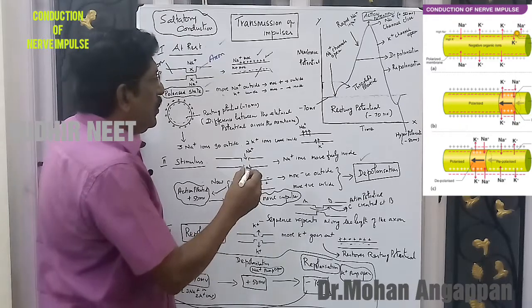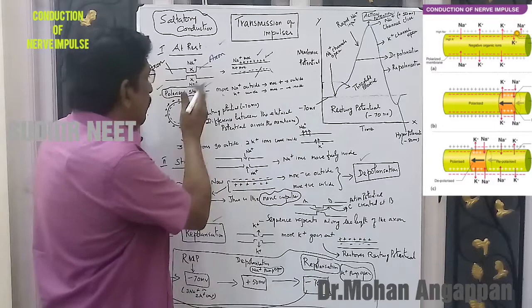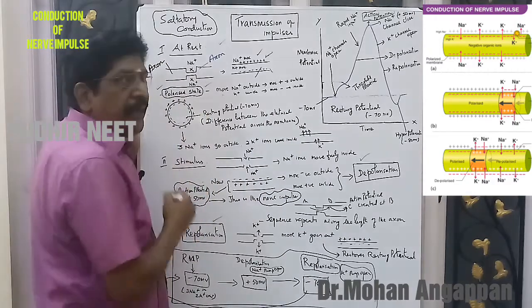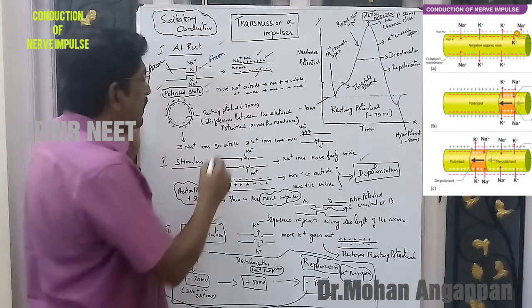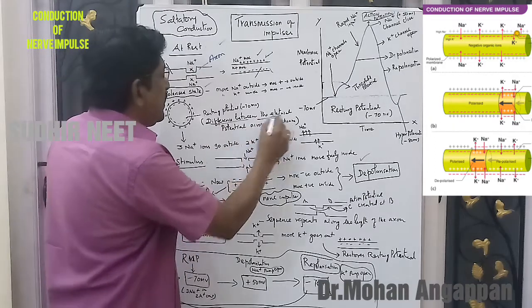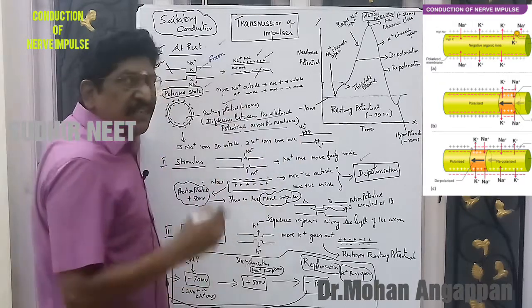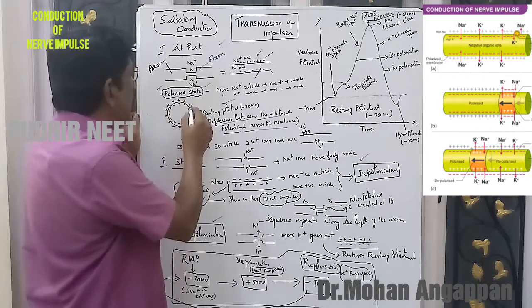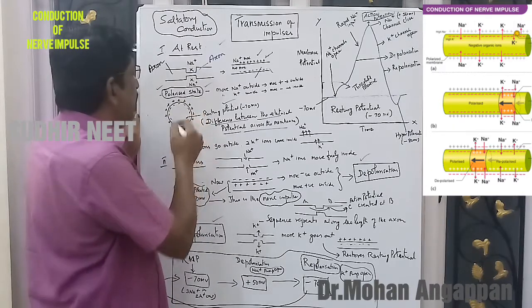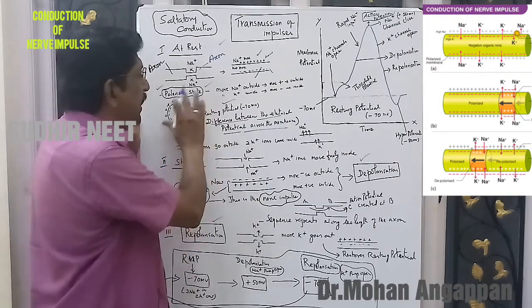So now there is a difference of potential surrounding the membrane. That difference between the electrical potential across the membrane is called the resting potential. You can see the membrane is outside more positive, inside more negative, so it's in a polarized stage.